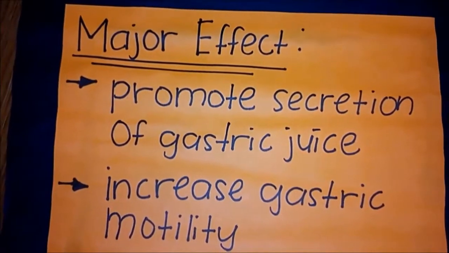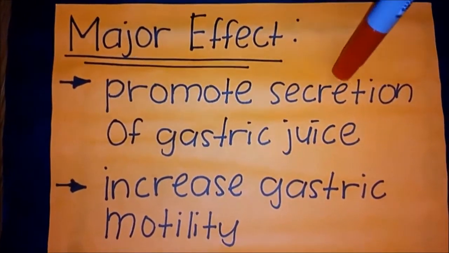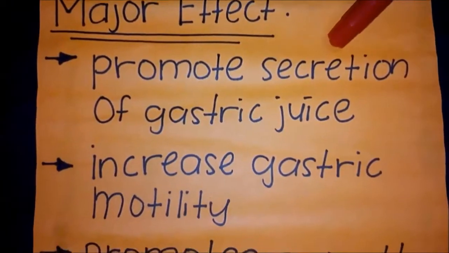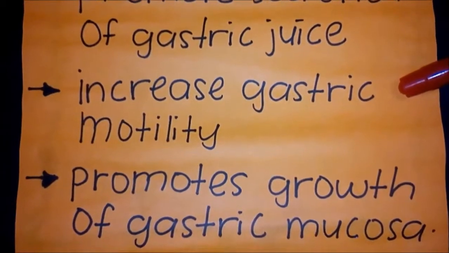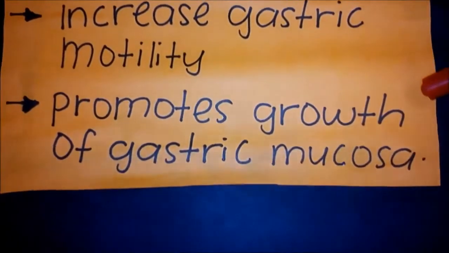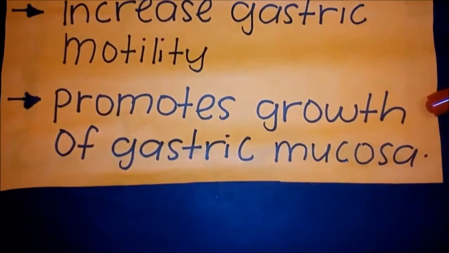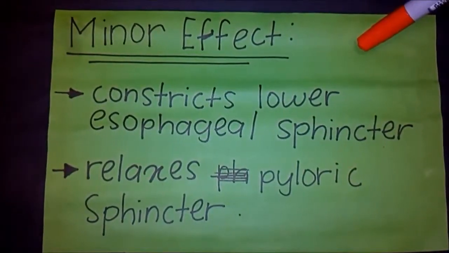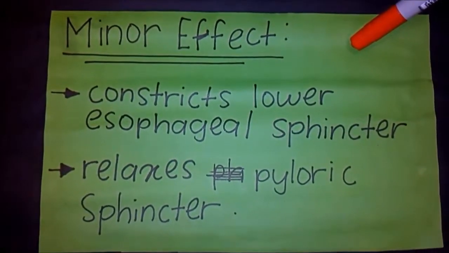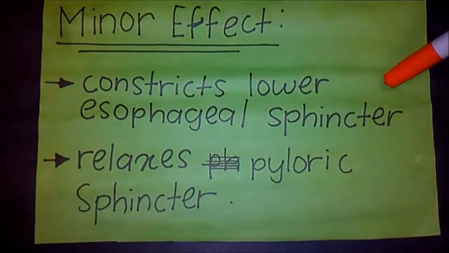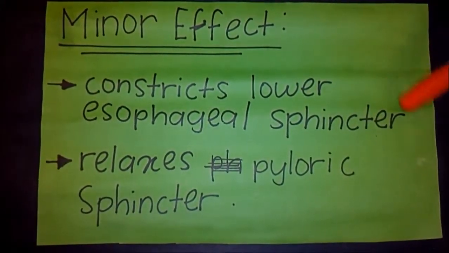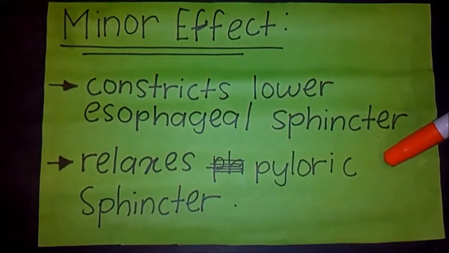The major effects of gastrin are to promote secretion of gastric juice, increase gastric motility, and promote growth of gastric mucosa. The minor effects of gastrin are to constrict the lower esophageal sphincter and relax the pyloric sphincter.